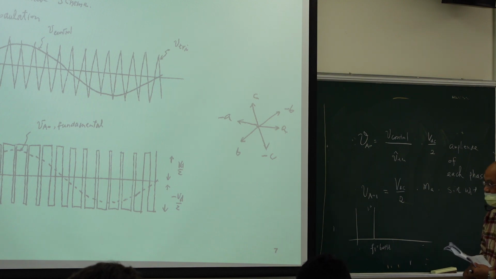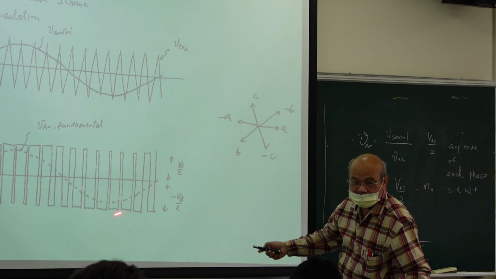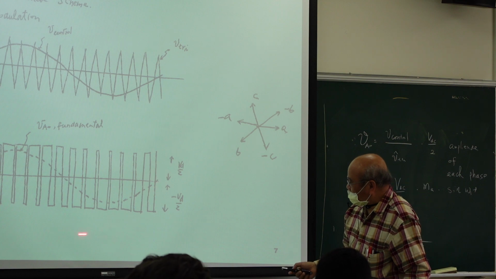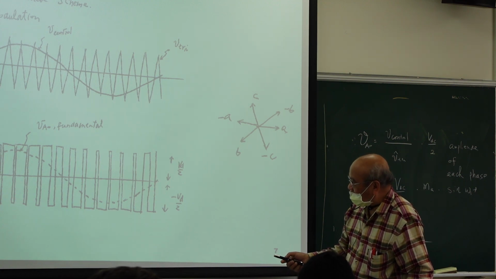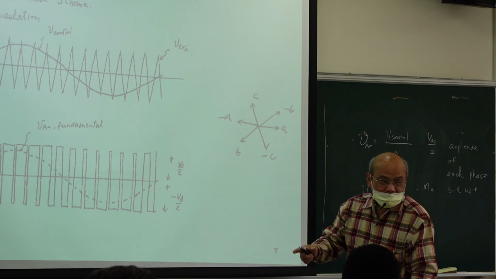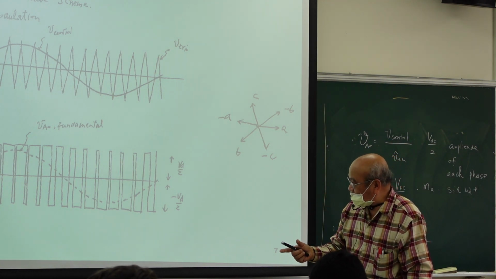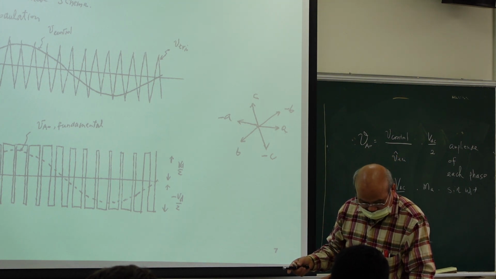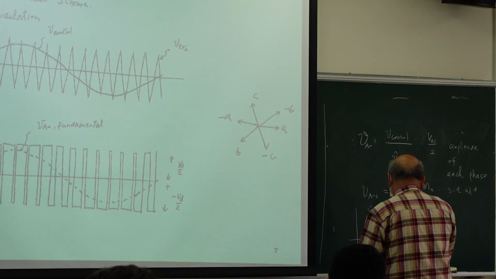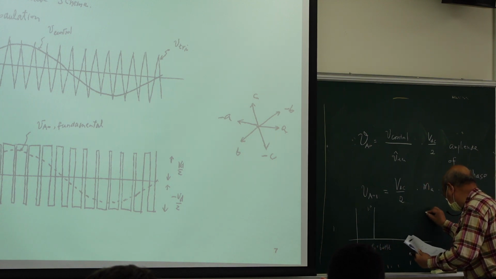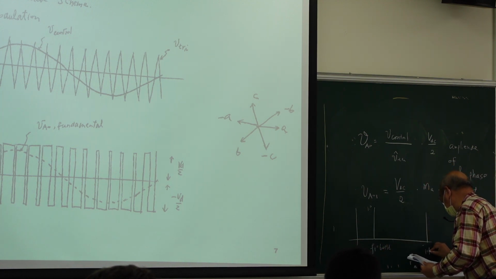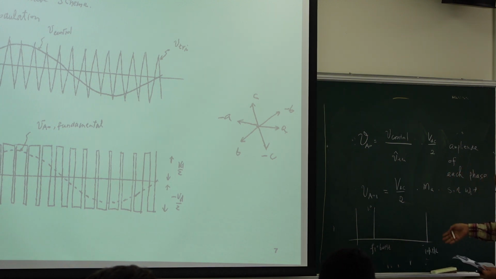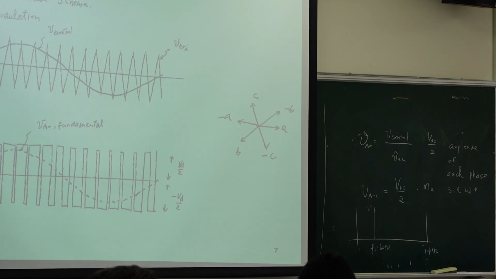So then you have to use Fourier series to analyze this waveform. After you use Fourier series, you can prove no 5th, no 7th, no 11th, no 13th, no 17th, no 19th. So where are your harmonics? Your harmonics go to your carrier, 10 kHz. Near 10 kHz, you find your harmonics. So you push your harmonics to high frequency.